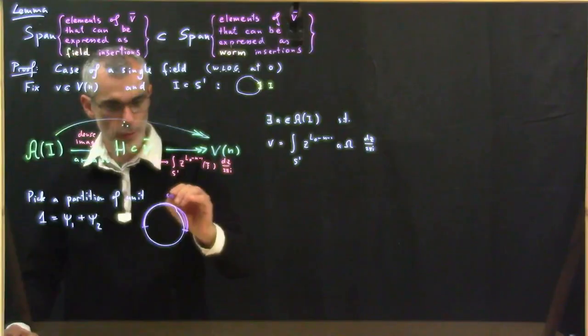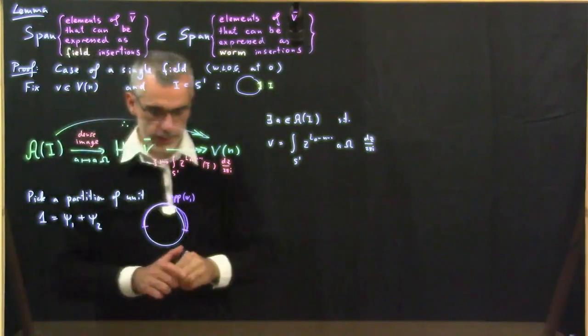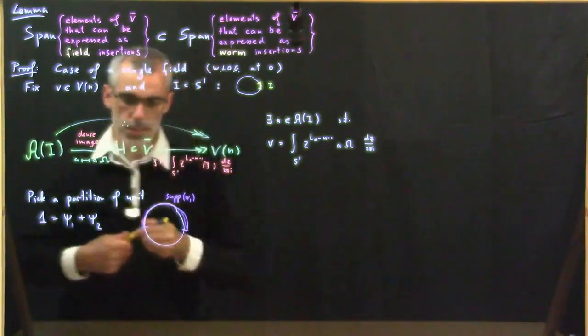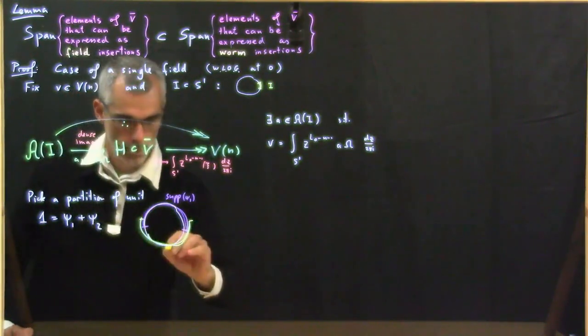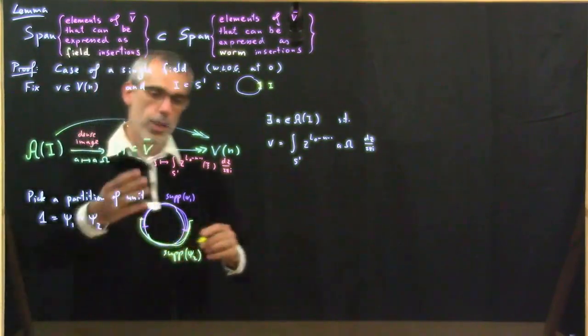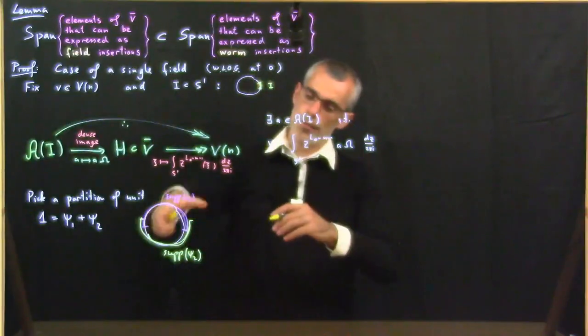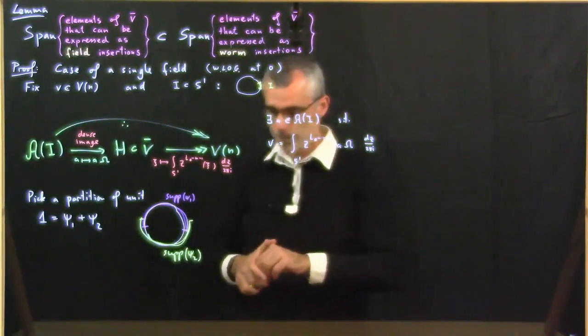So this is the support of psi1, and psi2 the other. So this is an epsilon neighborhood of the upper semicircle and an epsilon neighborhood of the lower semicircle.